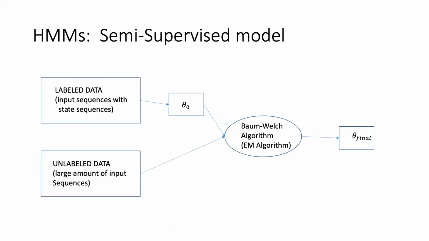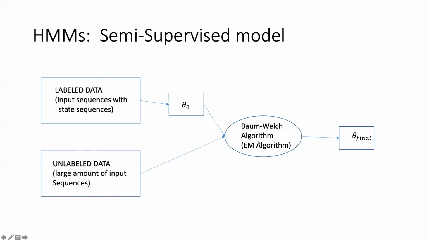Let's see how to do it for semi-supervised learning. Let's say some data is labeled. Then we can get the initial estimate using the supervised approach, and from the unlabeled data, we can use the EM algorithm to estimate the maximum likelihood of the unlabeled data.